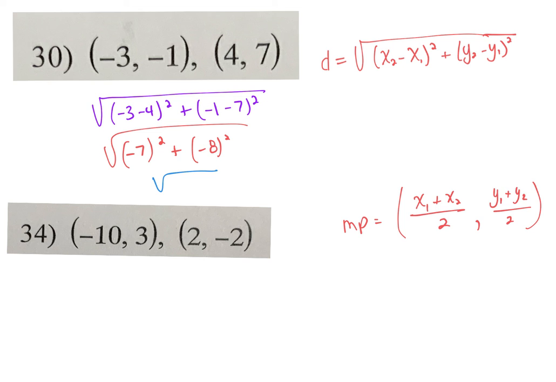So I get the square root of 49 plus 64. Square root of 113. These instructions said round to the nearest tenth. Round to the nearest tenth, okay? So that means I want you to plug that into your calculator and round to 1 decimal place. So when you do that, you should get 10.6, okay? 10.6.